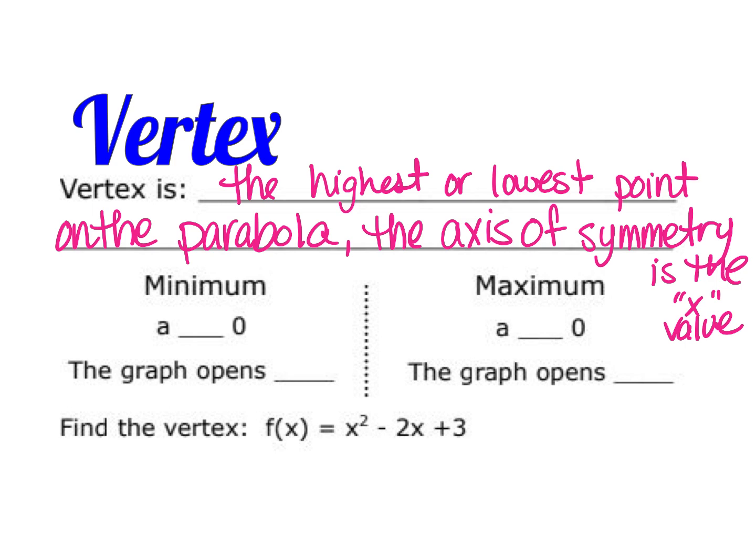So you know you have a minimum, or the parabola has a bottom to it, when a is greater than 0. This means the graph opens up.